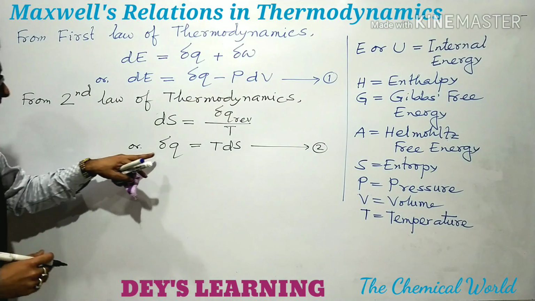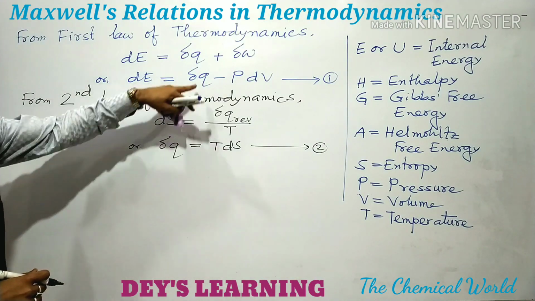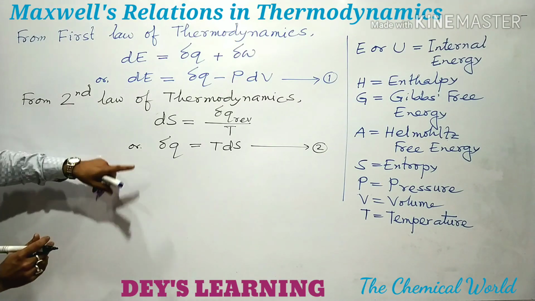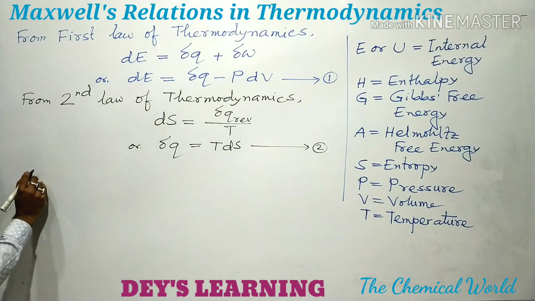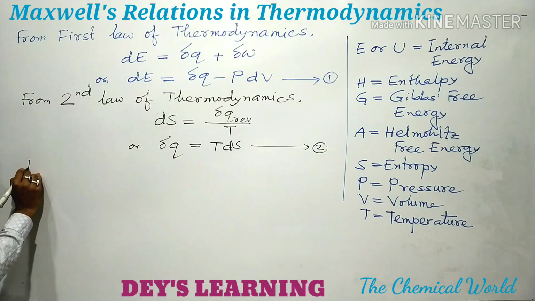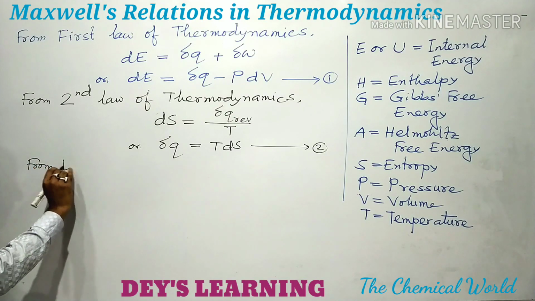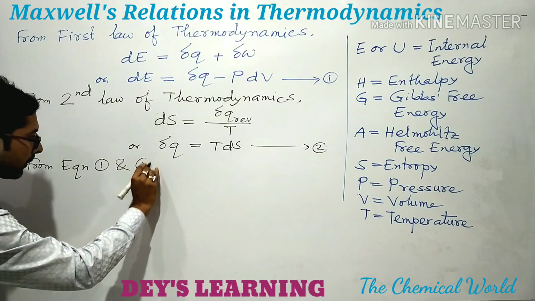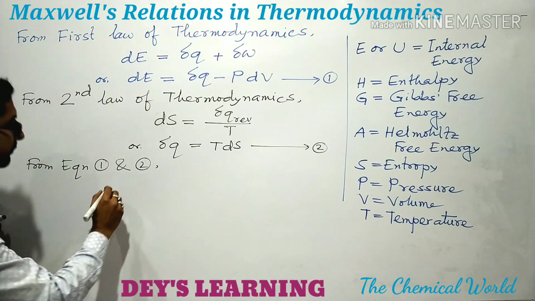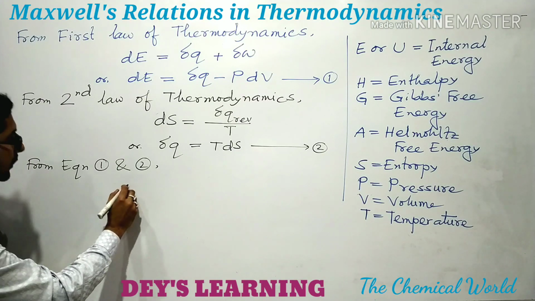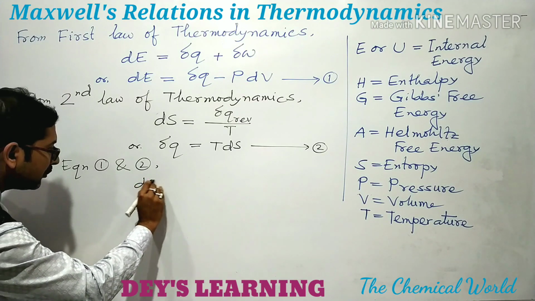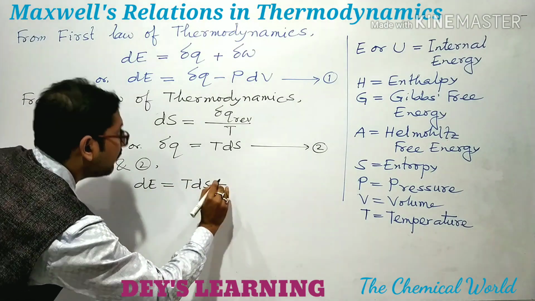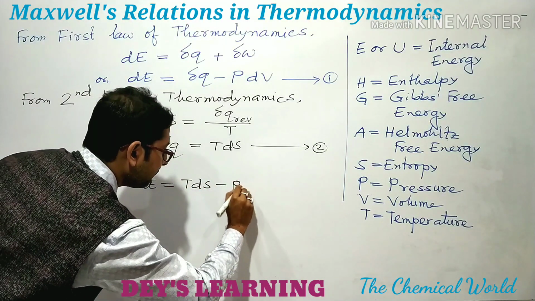Now we can substitute the value of del Q in equation 1. So from equation number 1 and 2, we have dE equal to TdS minus P into dV.